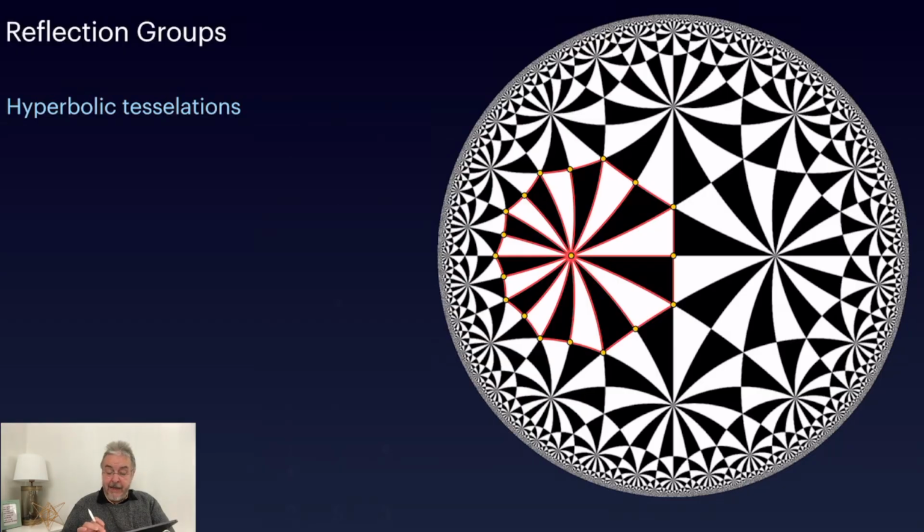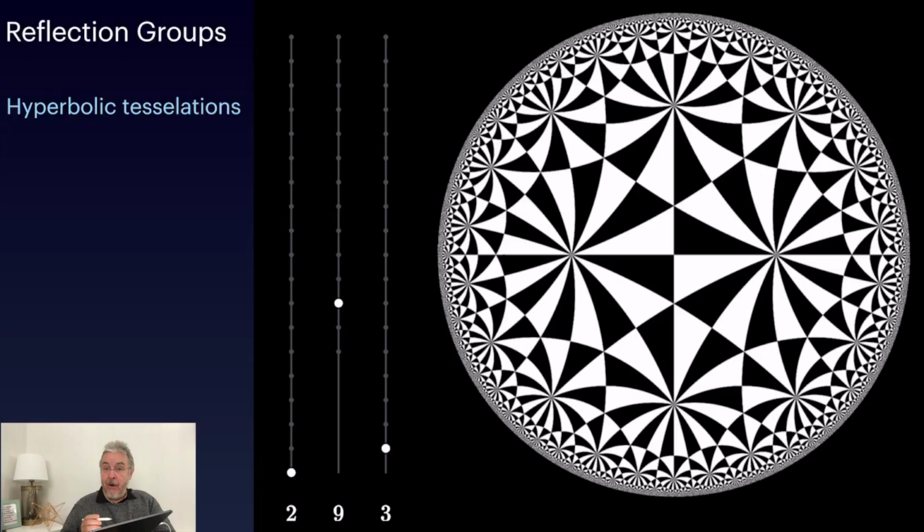So you really get infinitely many possibilities now of forming such triangle reflection groups, and here I have a little animation of that. So what you can do with these sliders you have here, you can change the numbers that you have here, and these numbers are the divisors that you need for the 180 degrees.